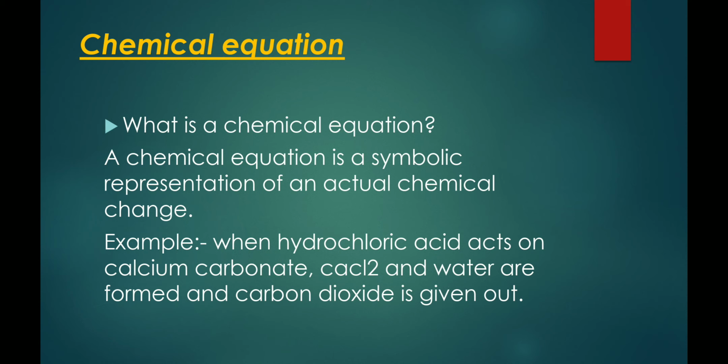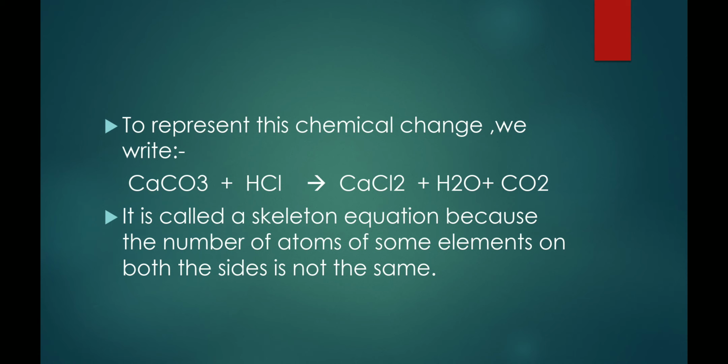So we can say from the equation CaCO3 plus HCl gives CaCl2 plus H2O plus CO2. To represent this chemical change, we write CaCO3 plus HCl gives CaCl2 plus H2O plus CO2.